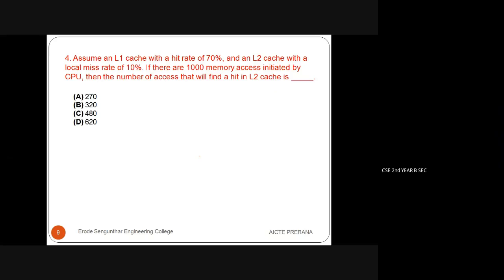Before that, I want to give you a clear idea about cache memory and its types. We already discussed cache memory in the previous sessions, so I just want to give a brief gist.